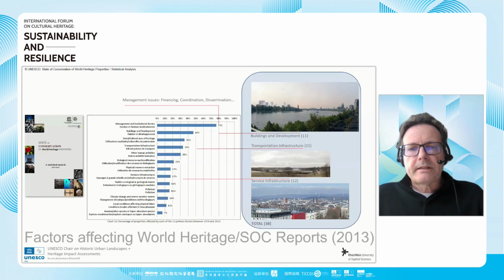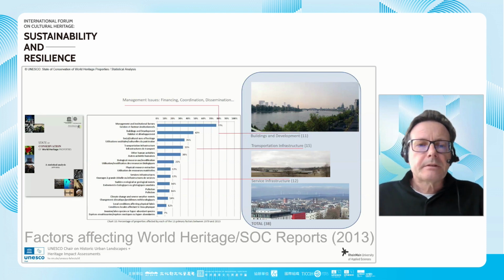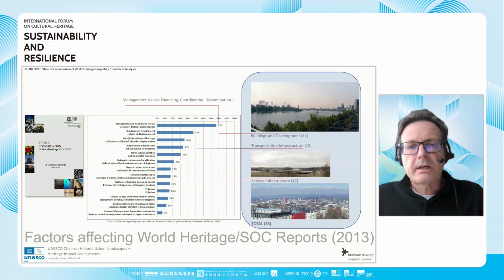This is a quite old study dating from 2013, roughly 10 years old. It's kind of an assemblage of all kinds of conservation reports. And this report was basically saying that more than 70% of World Heritage properties would suffer from management issues.